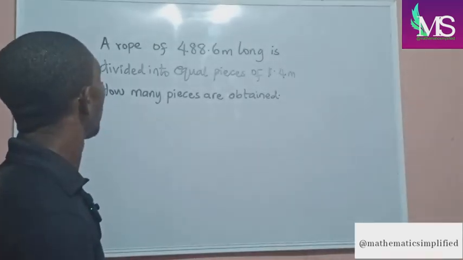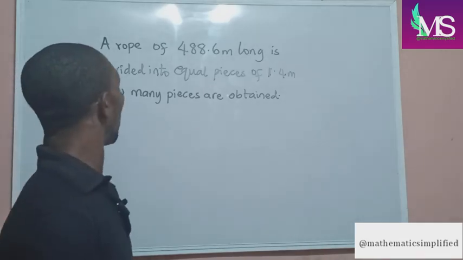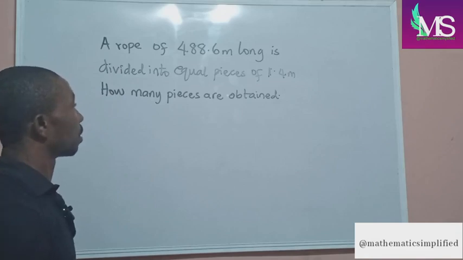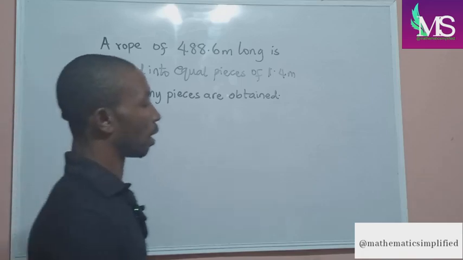A rope of 488.6 meter long is divided into equal pieces of 1.4 meter. How many pieces are obtained?